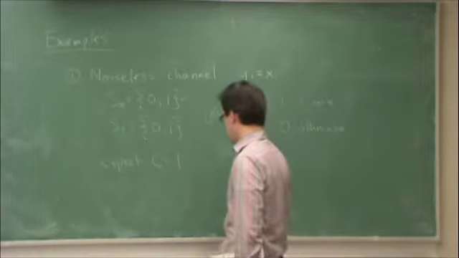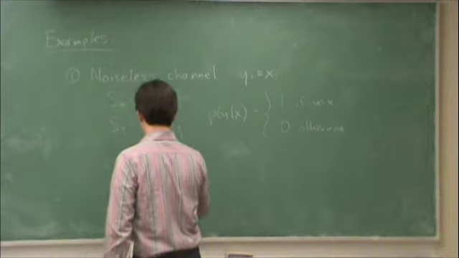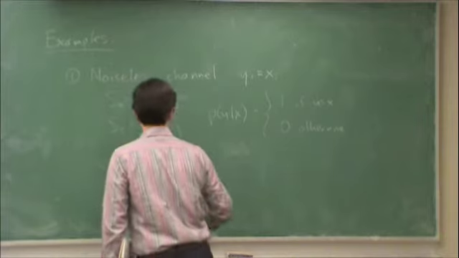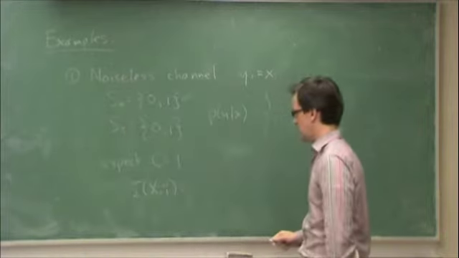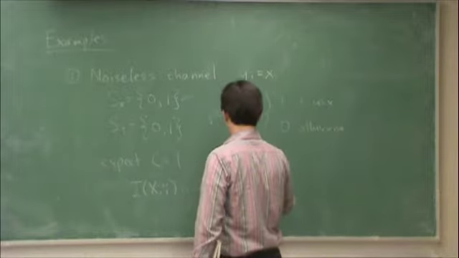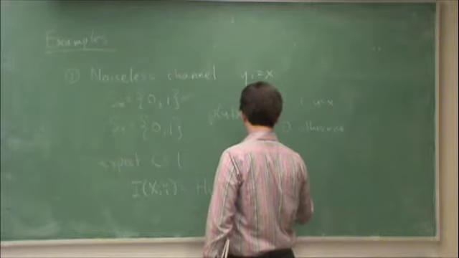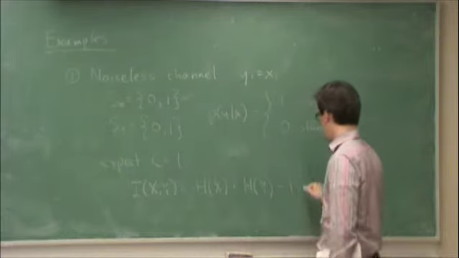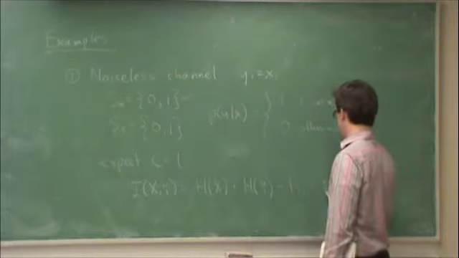So let's calculate mutual information. We have H(X) plus H(Y) minus H(X,Y).